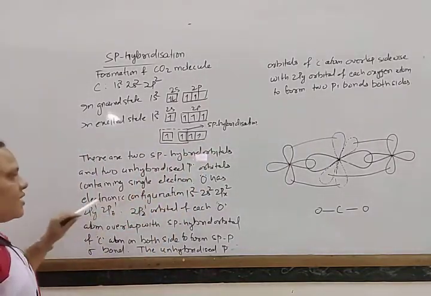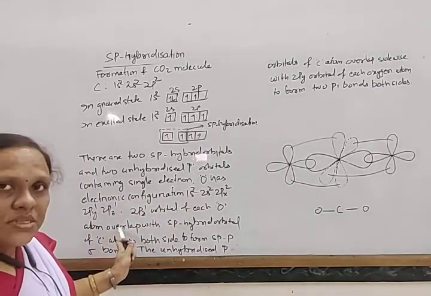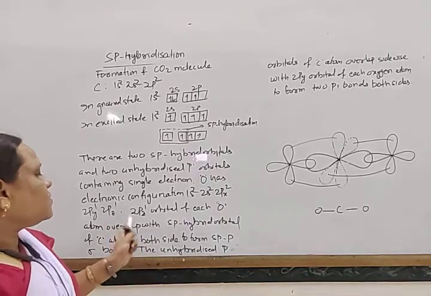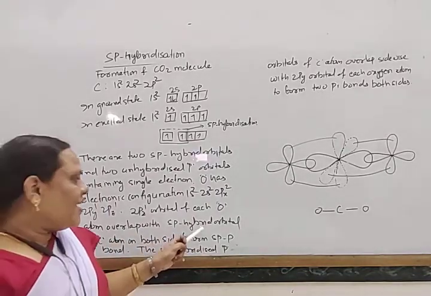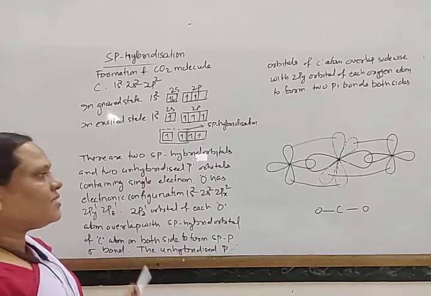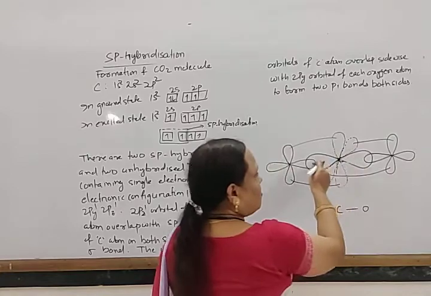And the oxygen electronic configuration is 1s2, 2s2, 2px2, 2py1 and 2pz1. It has 2 unpaired electrons in 2 orbitals. So the 2pz orbital of each oxygen atom overlaps with an sp hybrid orbital of the carbon atom on both sides to form an sp-p sigma bond. So this is the carbon atom, which undergoes sp hybridization.